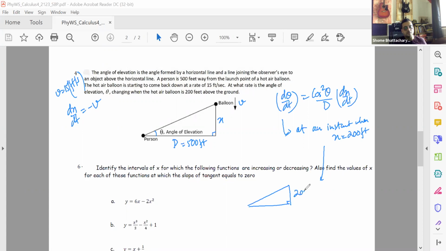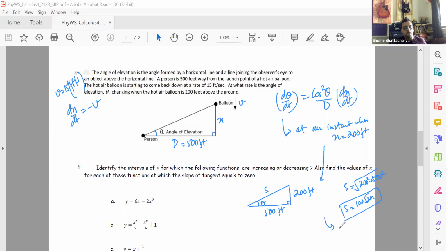what is happening is this distance is s. So s is equal to 100 root 29.